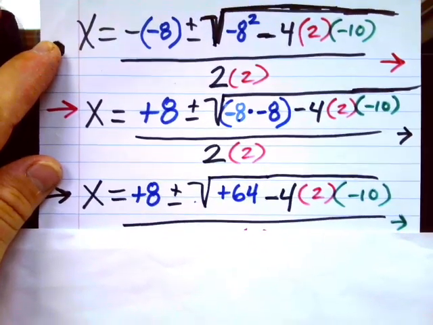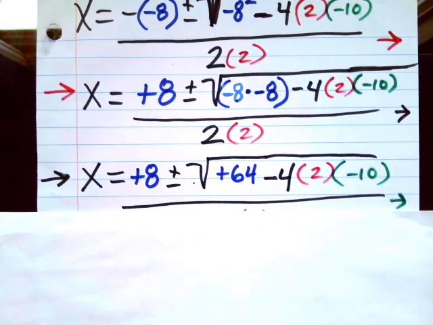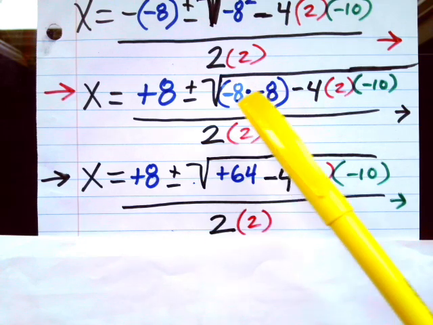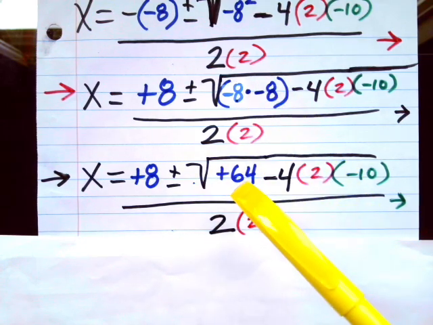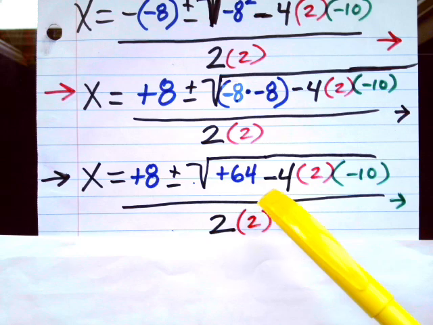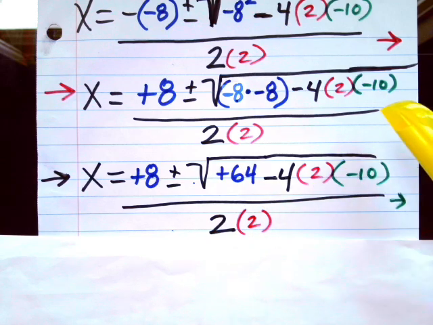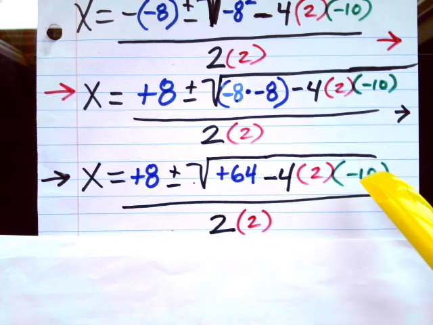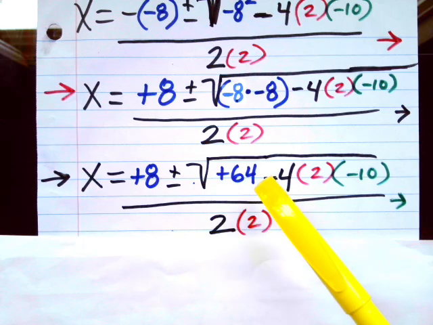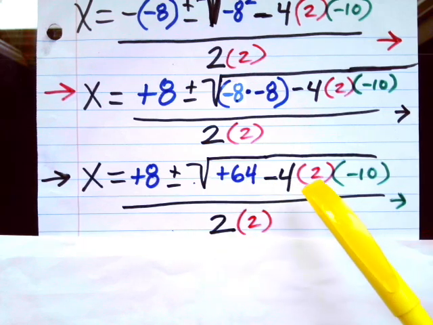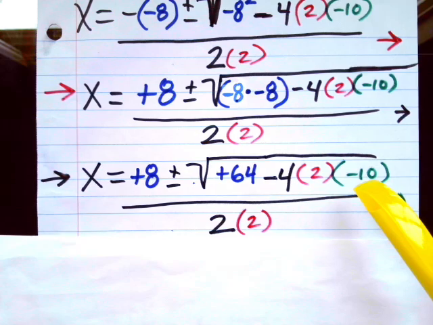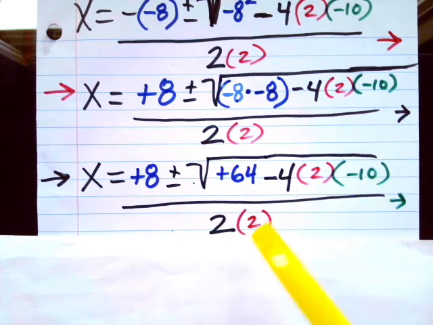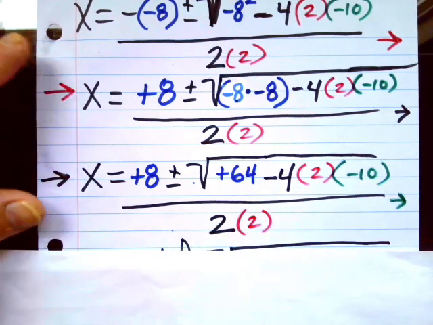Let's go ahead and raise that up a little bit. So you can see negative 8 times negative 8 is a positive 64. Negative 4 times 2, and then that product times a negative 10. So negative 4 times 2 is negative 8. Negative 8 times a negative 10 is a positive 80. 2 times 2 is 4.